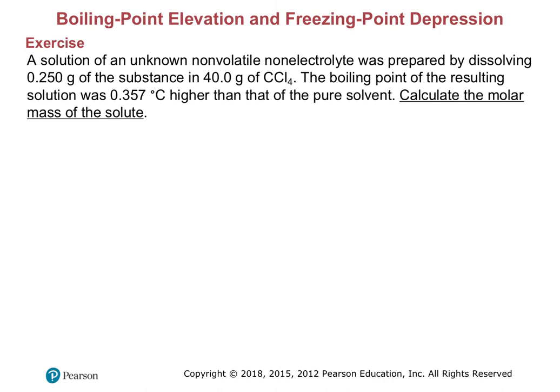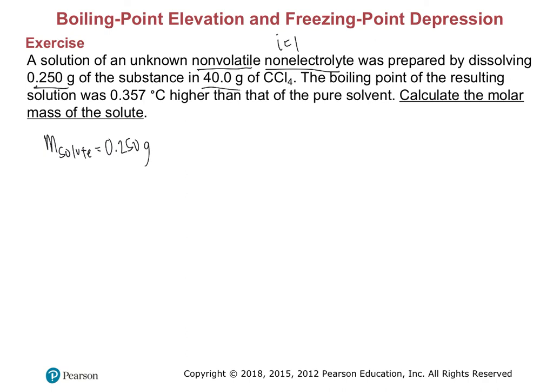Okay, now a fun way to do it. I have an unknown, non-volatile, non-electrolyte. i equals 1. It was prepared by dissolving 0.25 grams. So my mass of my unknown, or my solute, I'll say, be specific, solute equals 0.25 grams.